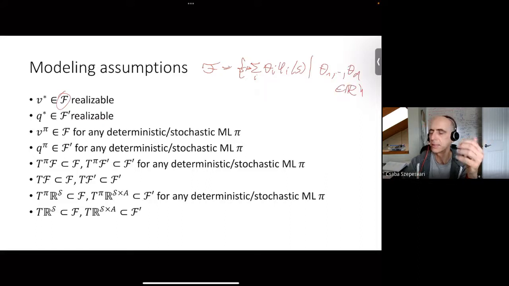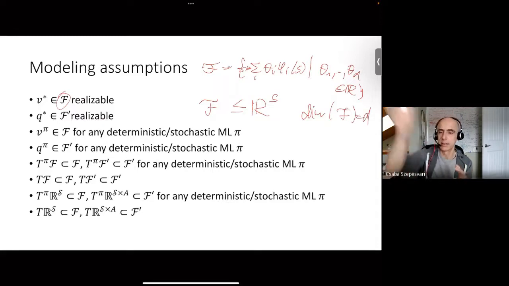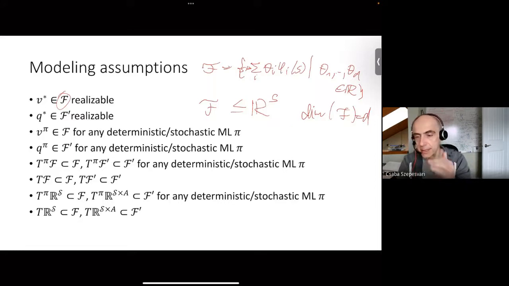So this linear space is like a linear subspace of dimension d in R to the S, which is a huge space. It's a very thin subset of the big S-dimensional fat space.